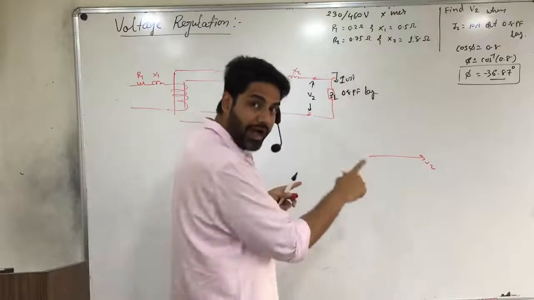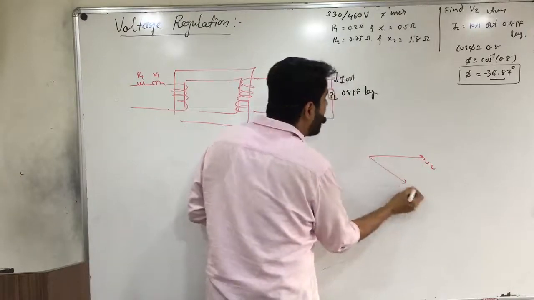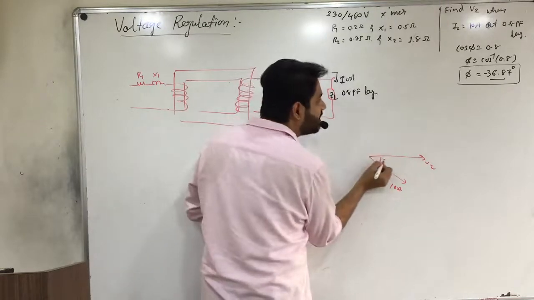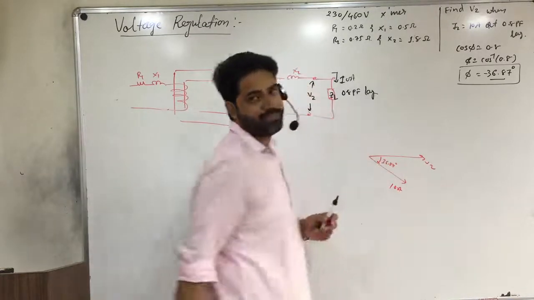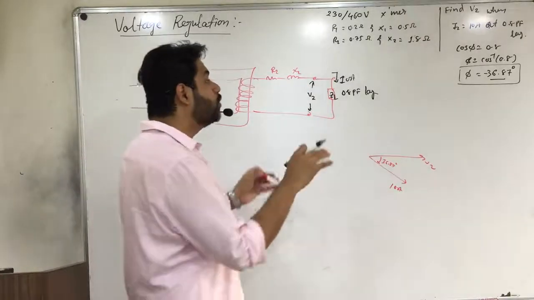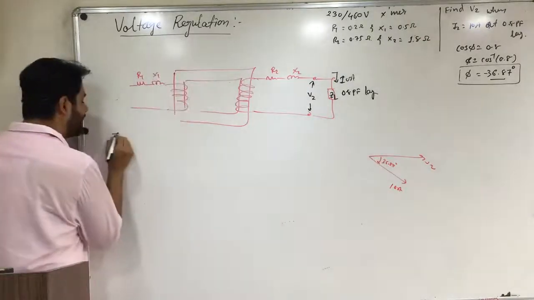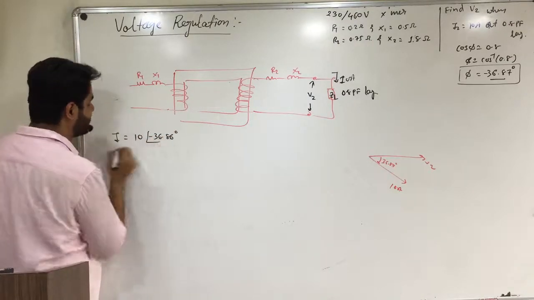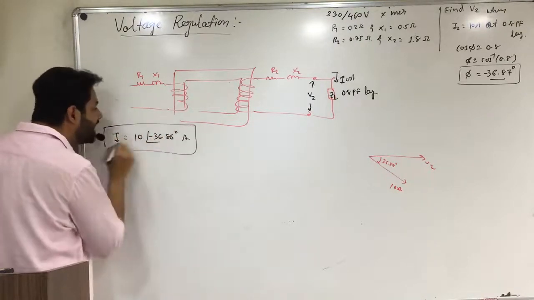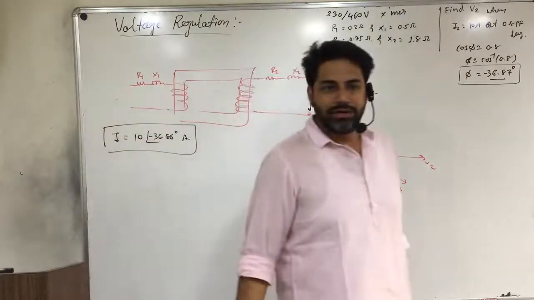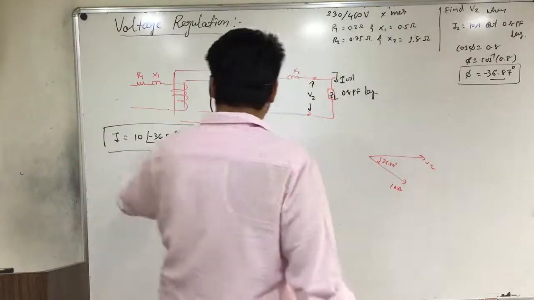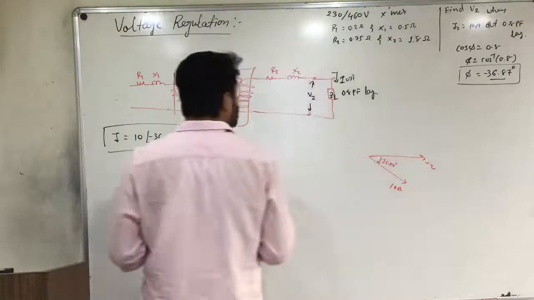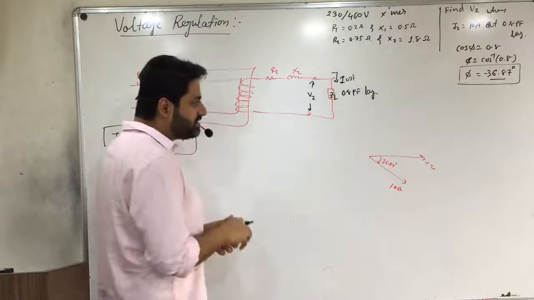I have the magnitude of current, which is 10 amperes, at an angle of minus 36.87 degrees. So I can write the current as 10 at an angle of minus 36.87 ampere. Students do not get this clearly, from the given data, how to identify this. Okay.